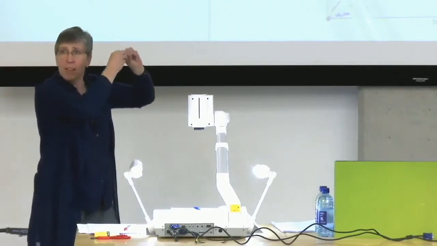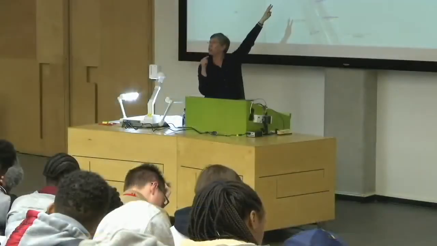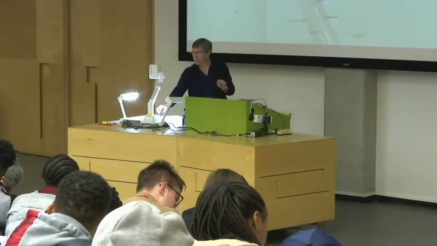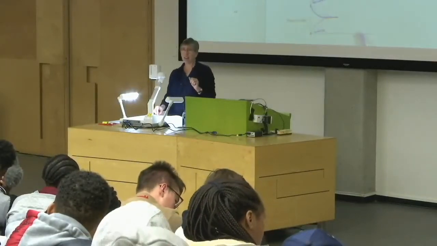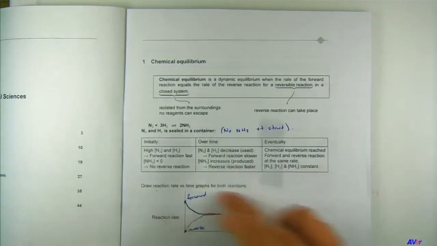If you've got 2 going away, you've got 2 coming back. Same rate. Right. So now the concentrations are not changing, and therefore the rates are not changing anymore. So now you have the rates constant. Right. So this is just actually an explanation of that equilibrium definition. What happens is this, and now you understand the graphs as well.